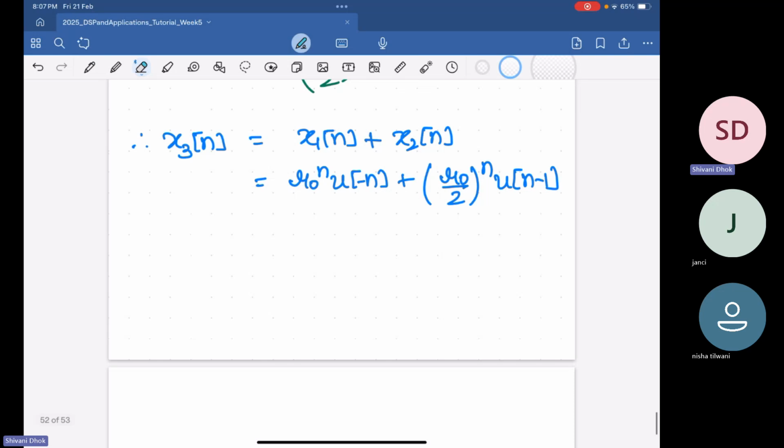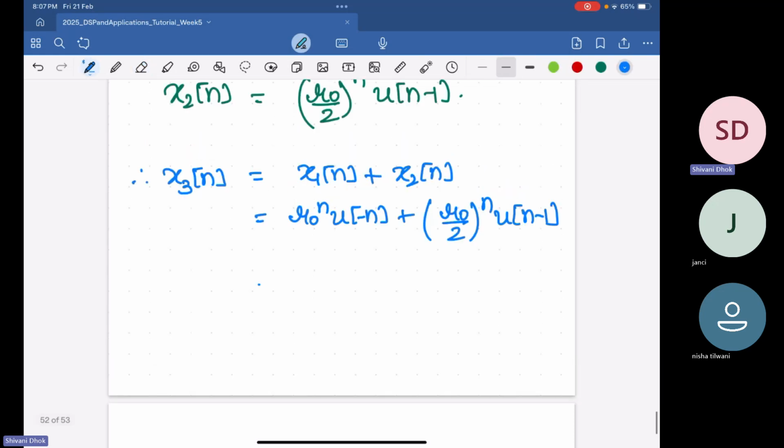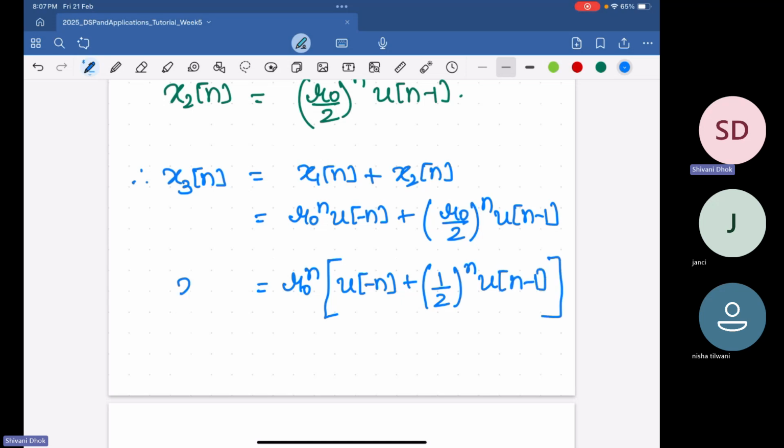So we can take out r naught to the power n common. Then we have u of minus n plus 1 by 2 to the power n into u of n minus 1. And this is our final answer, that is x3 of n. Is it clear? Any questions?